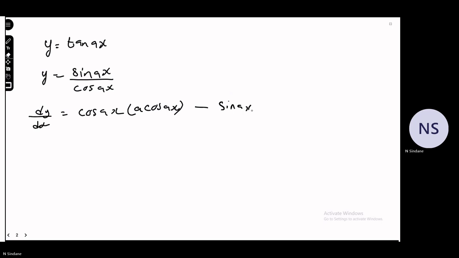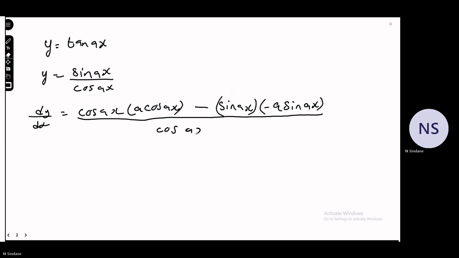Then differentiating my denominator, I'm going to have negative a sine of ax, because I'm differentiating my denominator, which is cos. Differentiating cos, I'm going to get negative sine. Divide by cos ax all bracket squared.